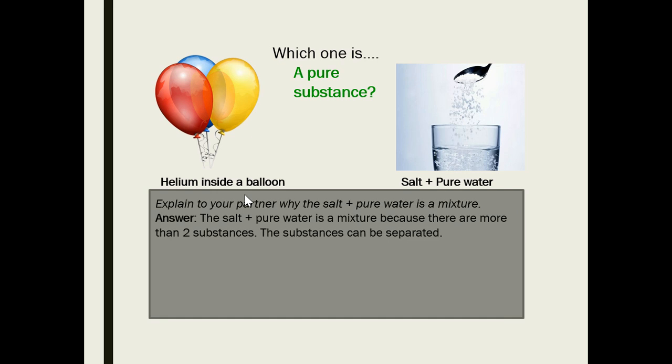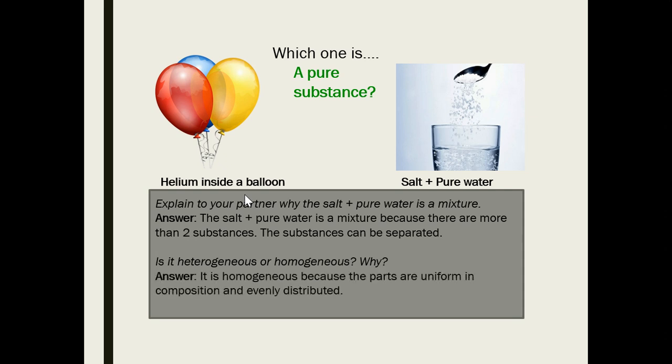And salt and water is a mixture. And is the salt water homogeneous or heterogeneous? That's going to be a homogeneous mixture. How about that helium? Is that helium going to be an element or a compound? Well, helium is an element on the periodic table. Number 2, He, so helium would be an element.